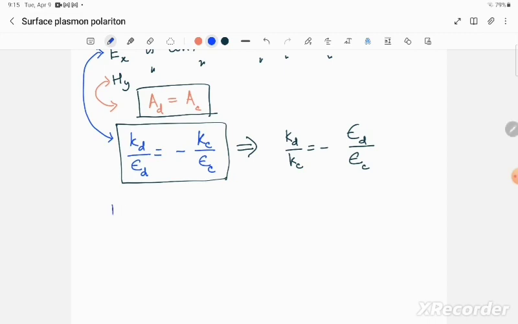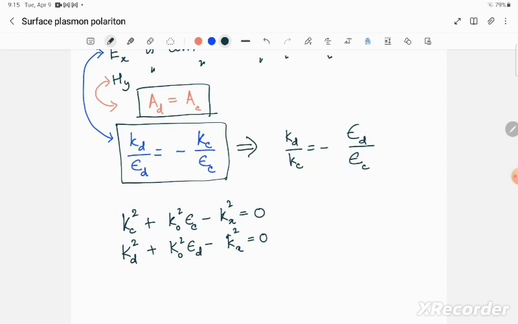So what we had in the previous relation was Kc square plus K0 square epsilon C minus Kx square is 0, and the other one was Kd square plus K0 square epsilon D minus Kx square is 0.